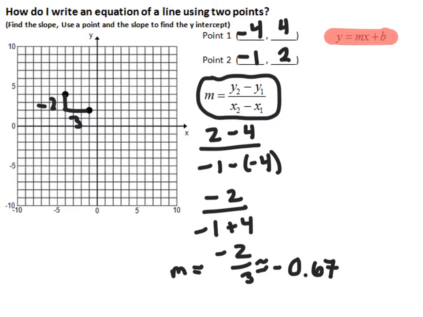I'm going to use, let's say, this point here. So I'm going to put in the 2, our slope is negative 0.67. That's going to multiply by negative 1, and then we add our b value over there.